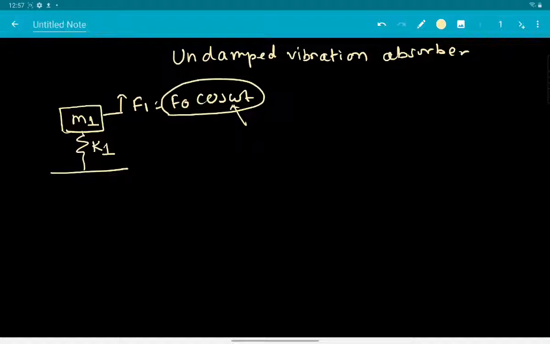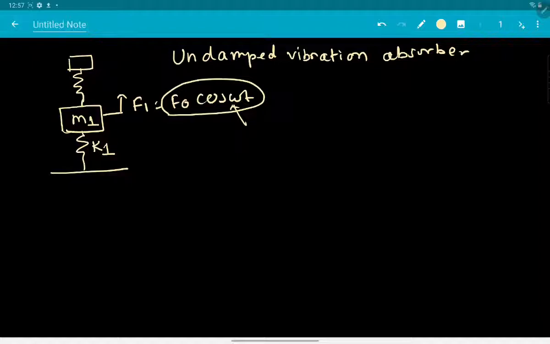In order to restrict that, obviously adding damping is one solution, but there is another solution, which is what we are going to talk about, that is the undamped vibration absorber, in which we attach a secondary system, which is again a spring mass system.